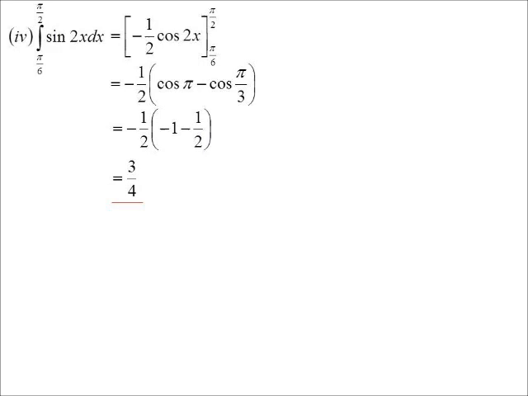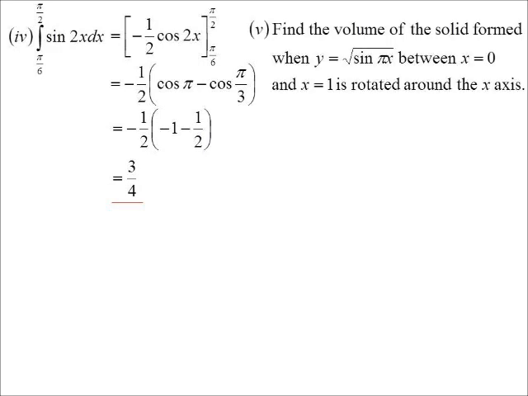Let's do a volume question rather than an area question. The volume of the solid formed when y equals the square root of sine pi x between x equals 0 and x equals 1 is rotated about the x-axis. You remember with volume, pi times the integral of y squared dx is the basic formula.